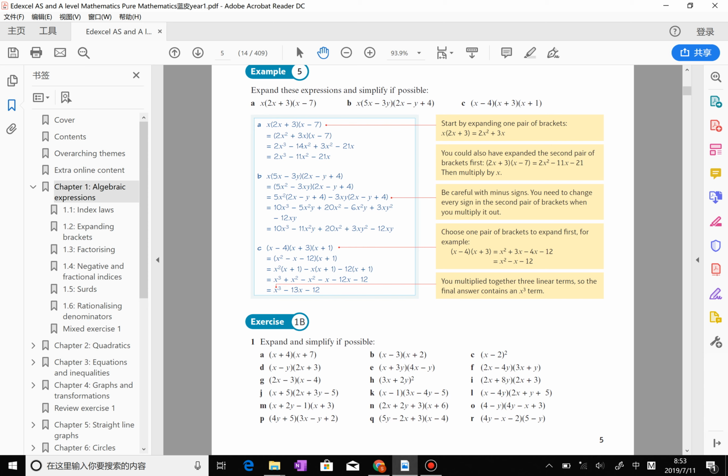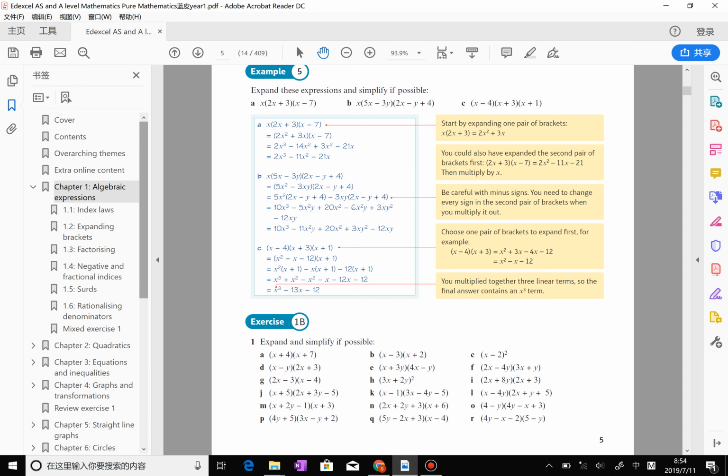And for exercise 1b, all the problems, I won't write the answers one by one. You can pause the video and finish the exercises. You can check answers in the book.